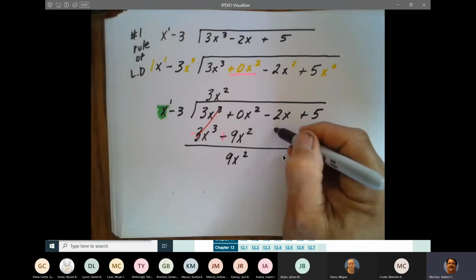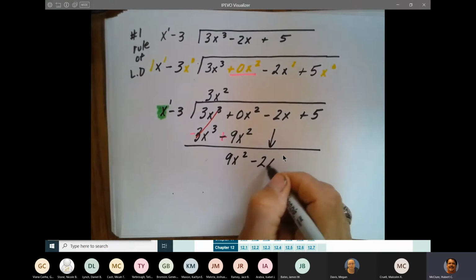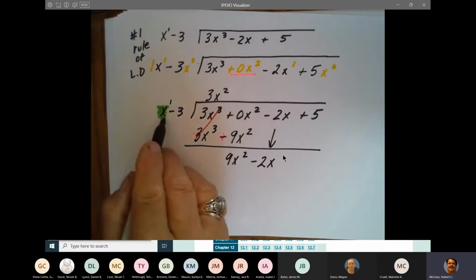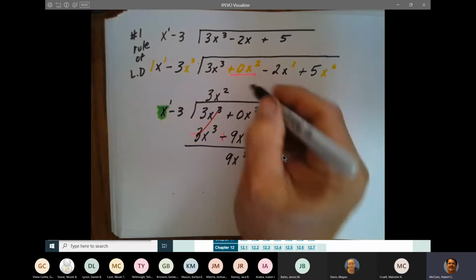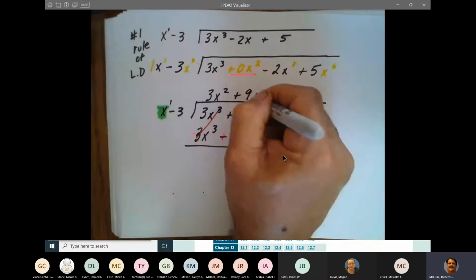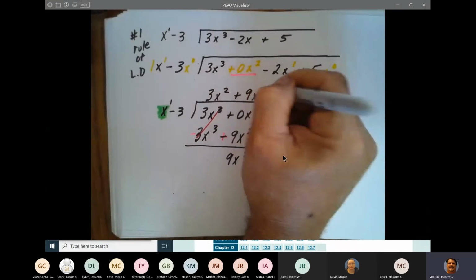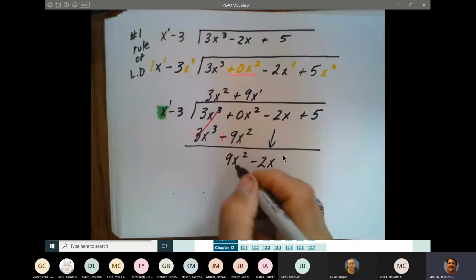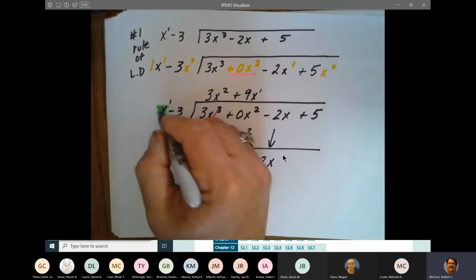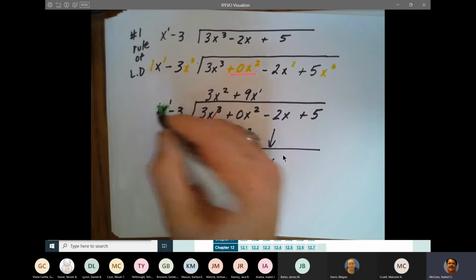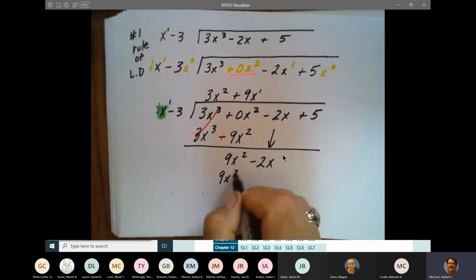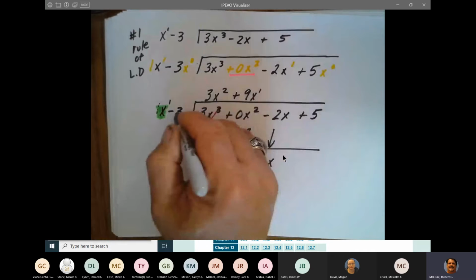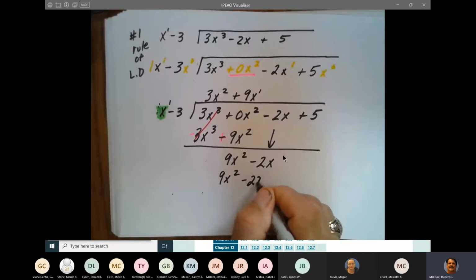And negative 2x comes down to help out. Again, you're worried about the kite. You don't care about the tail. X will go into 9x squared, 9x times, because that's to the first, and 1 plus 1 is 2. So 9 times 1 is 9, and x to the first times x to the first is x squared. 9 times negative 3 is negative 27x.